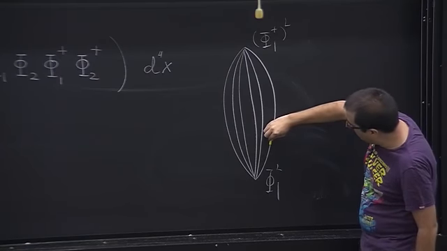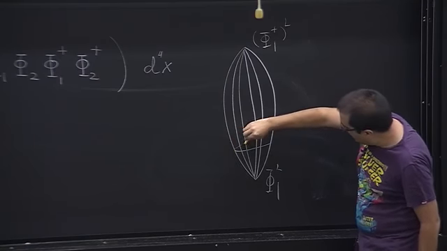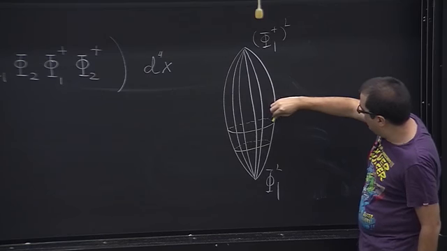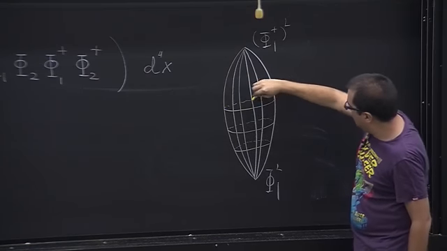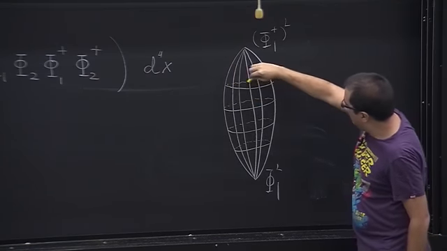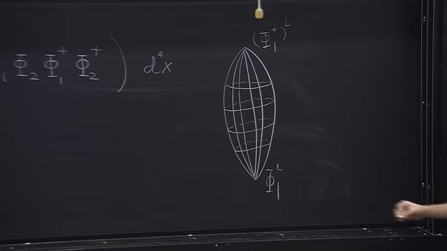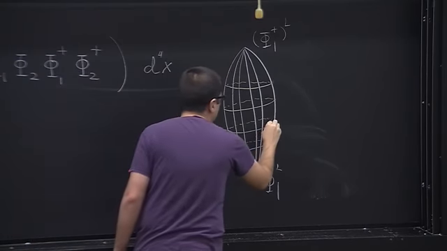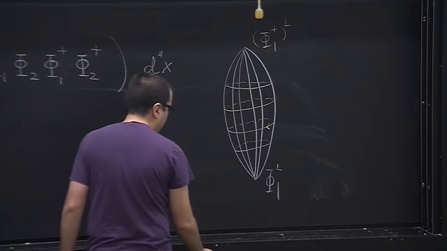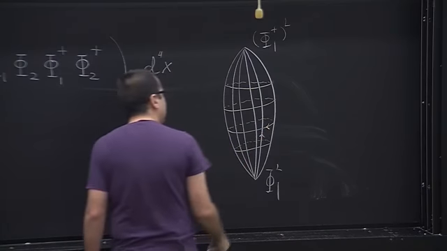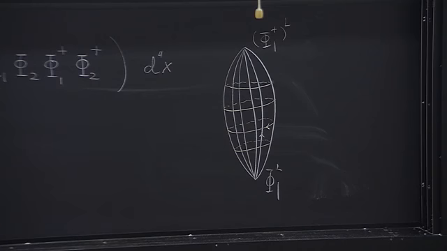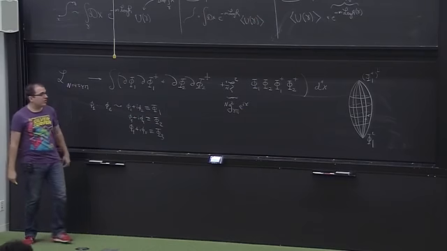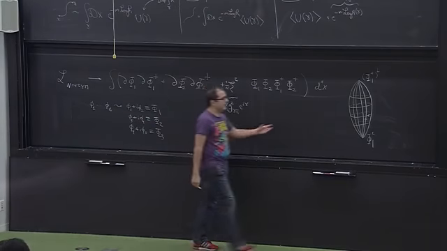In fact, the only possibility is to have a phi 2 that wraps around once, or 2, or 3 times, or 4 times, and so on. These are the only possibilities, because the only orientation possible is the one where phi 2 enters phi 1 from the right. So it's a very restricted class of diagrams.